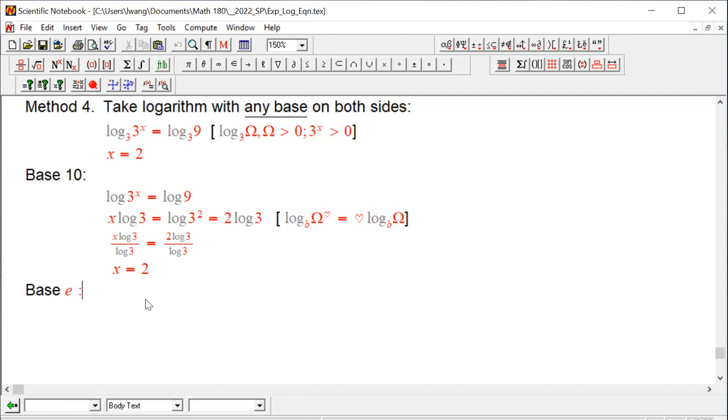If I use base e, what does that mean? From 3 to the power x equals 9, I'm going to take a natural logarithm on both sides. Well, they're both positive, right? So the domain requirement is satisfied.